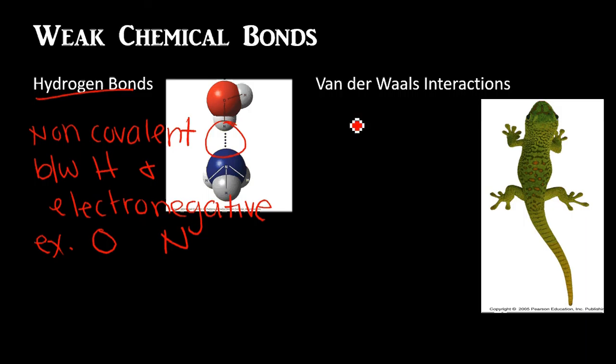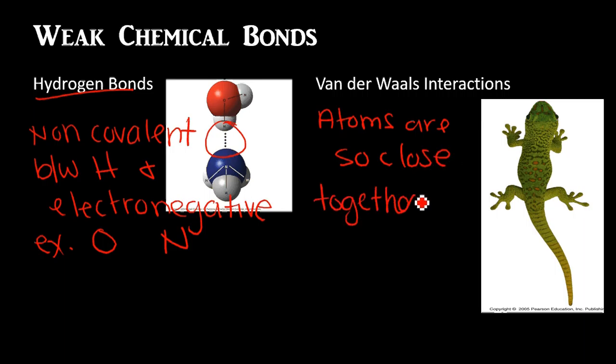Okay, your van der Waals interactions are going to be basically when two atoms are so close together that they are going to form a pretty strong bond. Those fleeting charge differences are what end up attracting them to each other, and then several of them is really strong.